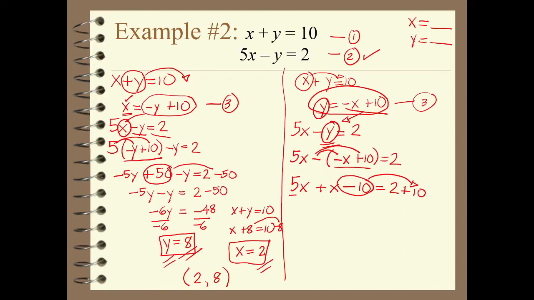So what is 5x plus x? 6x. What about 2 plus 10? Dividing both sides by 6, what is x? 2. And that's the same as the value of x a while ago. 2. Diba?